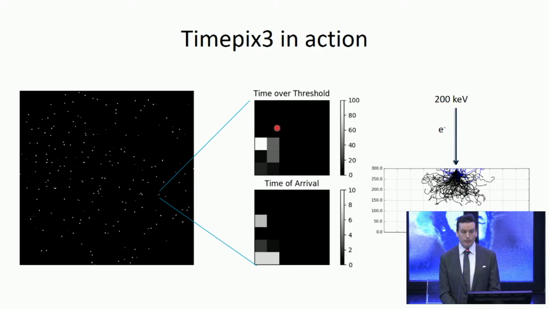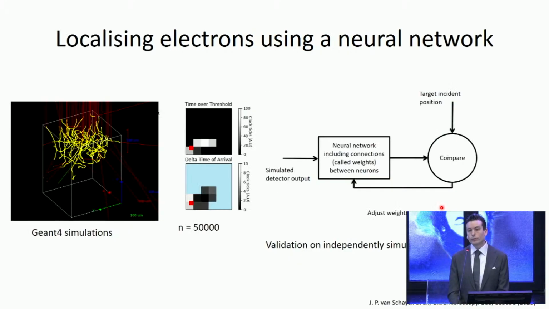There's multiple hits. And there's information from the two channels, this time over threshold and this time of arrival. So how can we now find where exactly in this cluster of hits this electron has hit the sensor layer? That became our question. And what we used for that was a neural network, or an artificial intelligence.